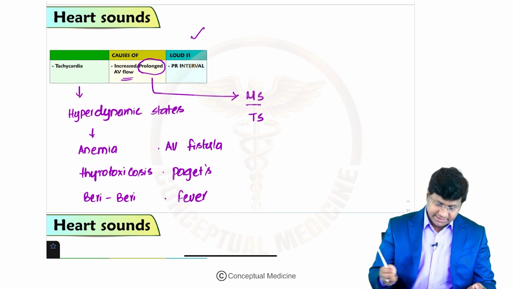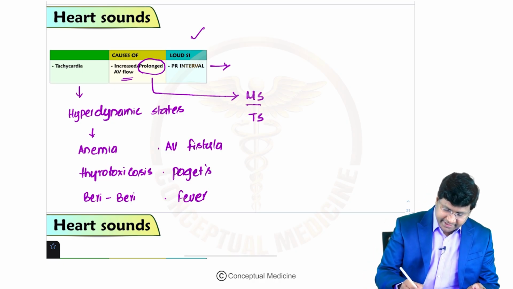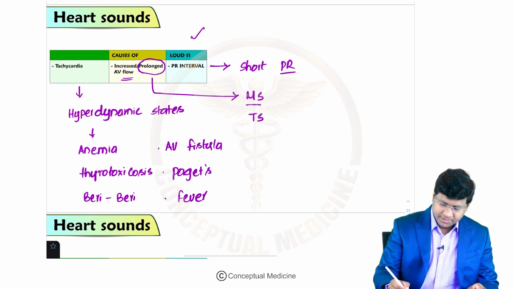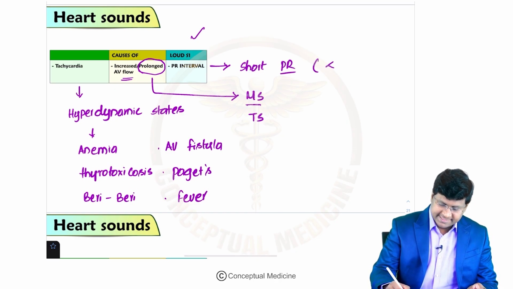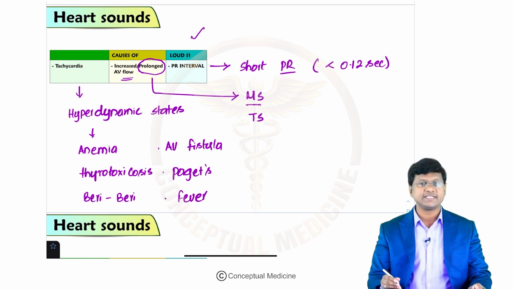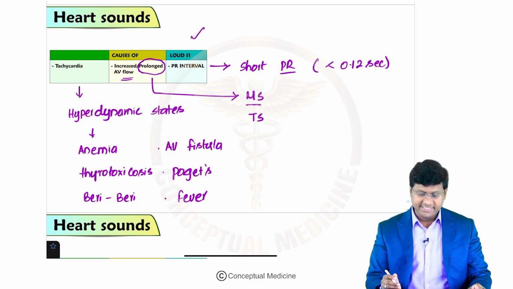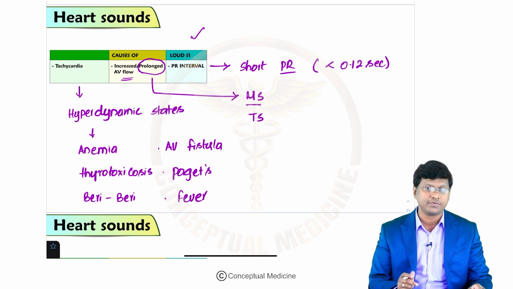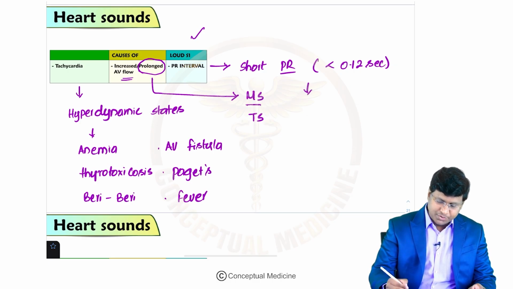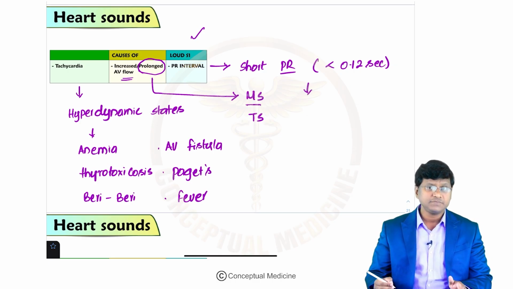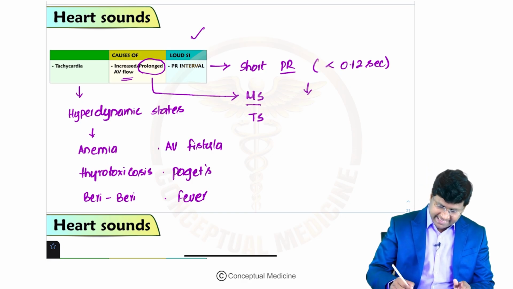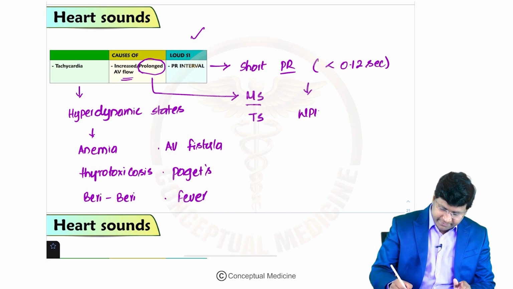Then conditions with short PR interval. Right? So when the PR interval is less than 0.12 seconds, that is the condition where you have the presence of loud S1. So where is that you will have the short PR interval? You will have that in patients with WPW syndrome.